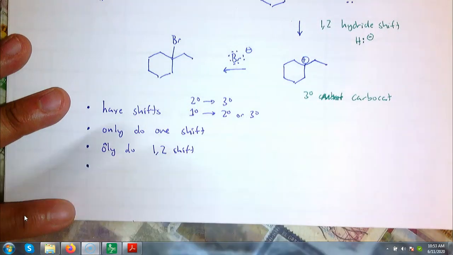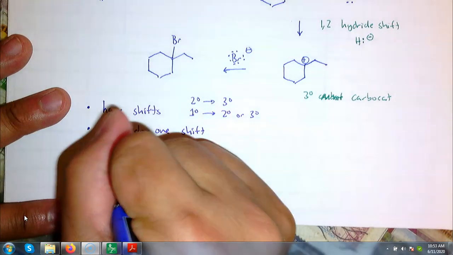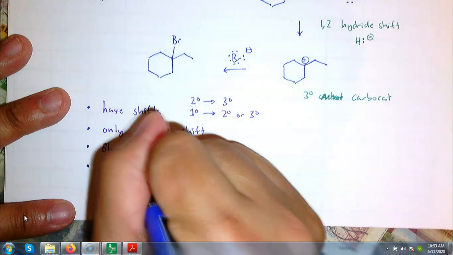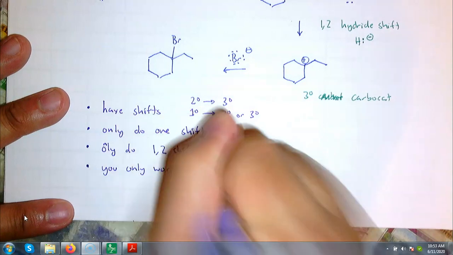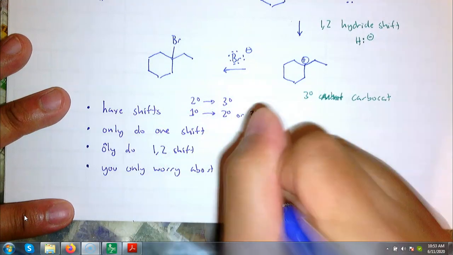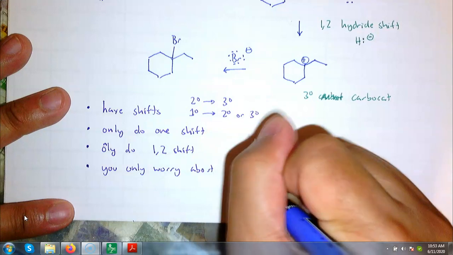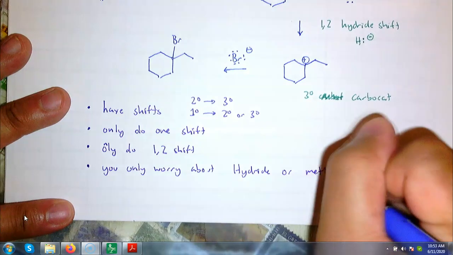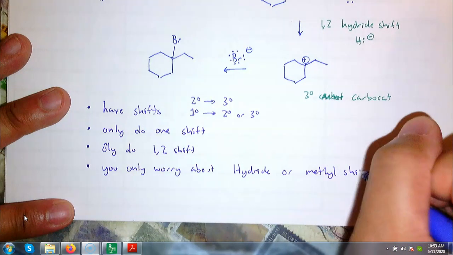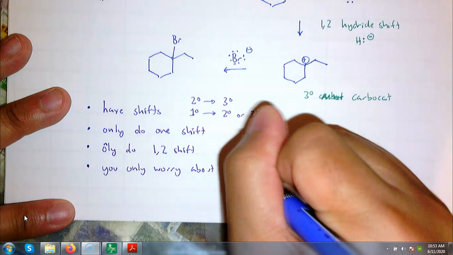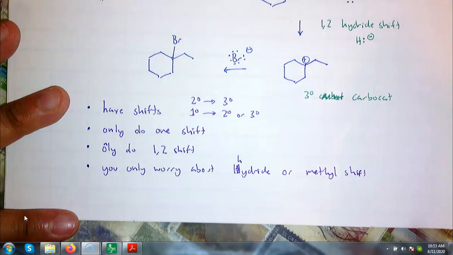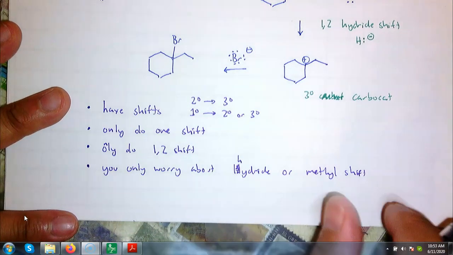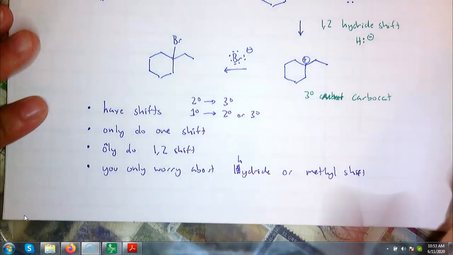For my class, you only worry about a hydride shift, or, which we didn't see here, a methyl shift. It's lowercase. So a methyl shift is if you have a methyl group jump. Let me show you that example.